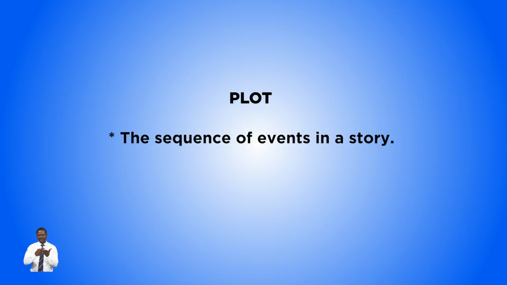We discussed why plot is important in a story, and we said that without plot, stories get confusing. We looked at elements of plot. We talked about the exposition, the rising action, the climax, falling action, and the resolution. I believe you had a good discussion and you understood what a plot structure is.